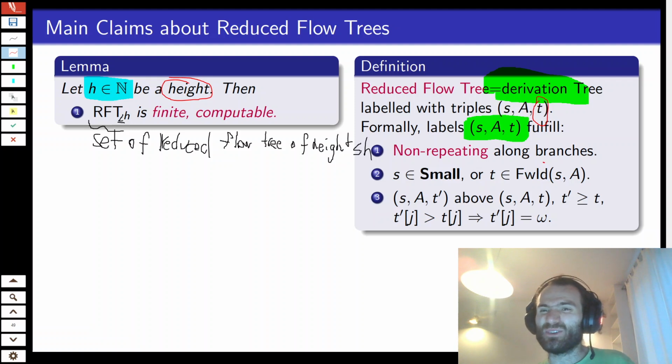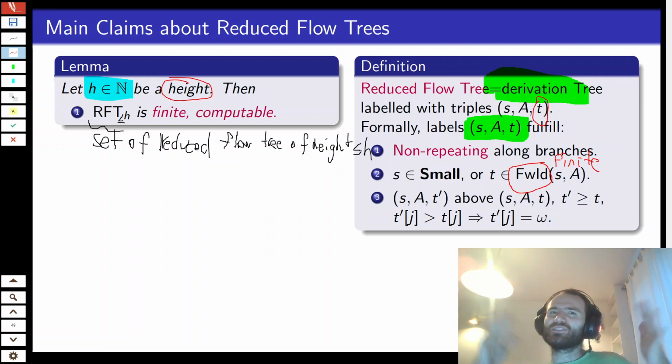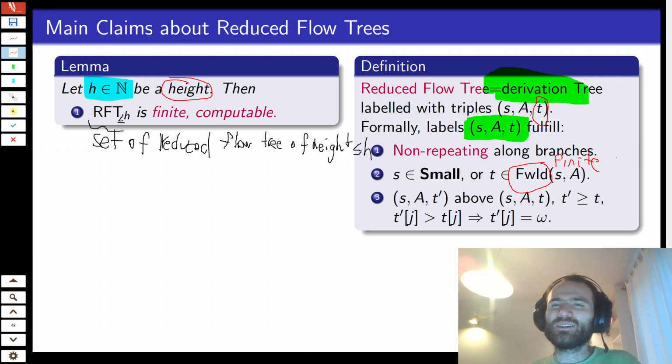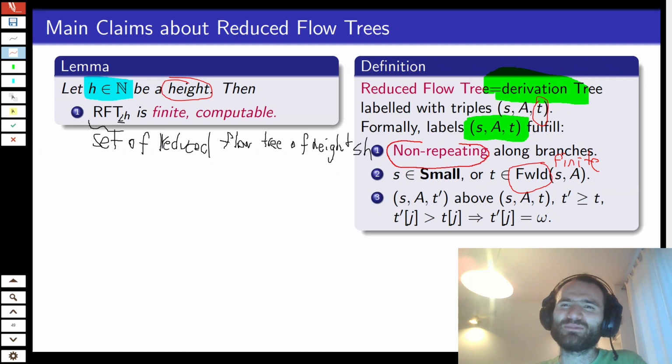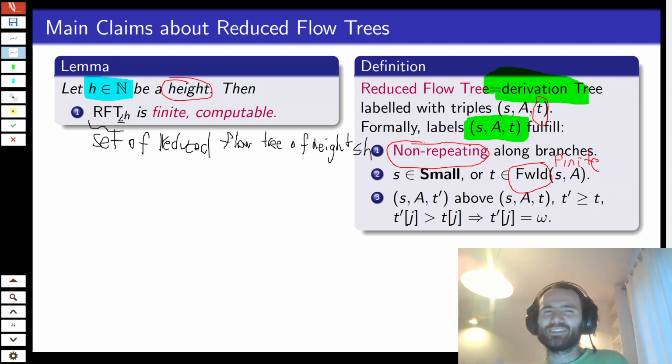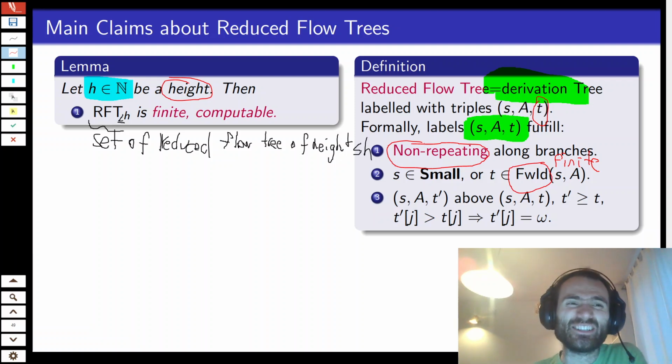And forward ideal only has finitely many. This is finite, right? So if you have a large input, then you only have finitely many options for what you write afterwards. And you cannot be small forever, because you are not allowed to repeat along branches. If you had small values all the time, then at some point you would repeat. So this is the intuition of why it's not hard to show that RFT_h is finite.